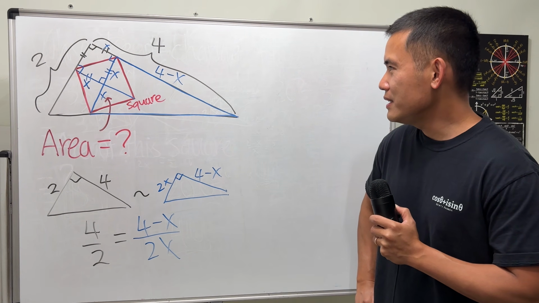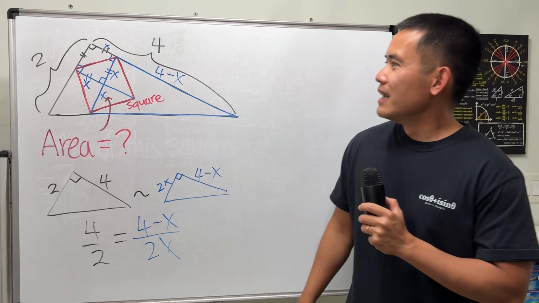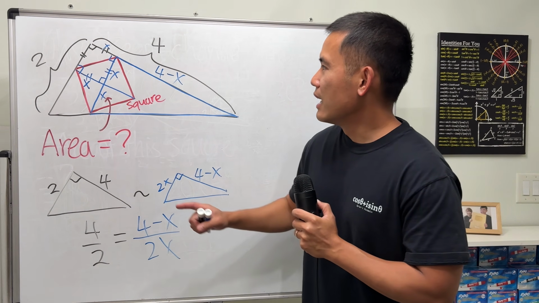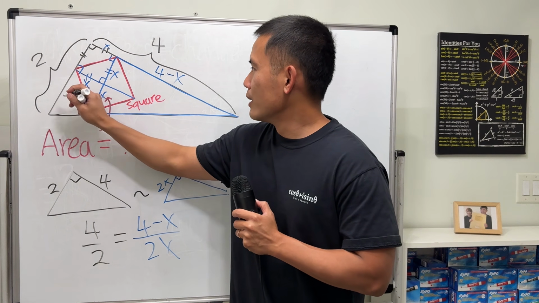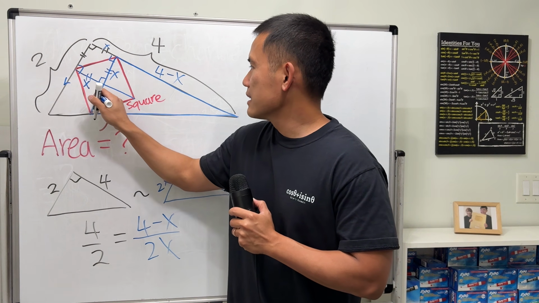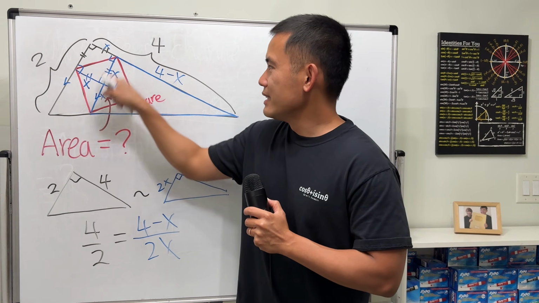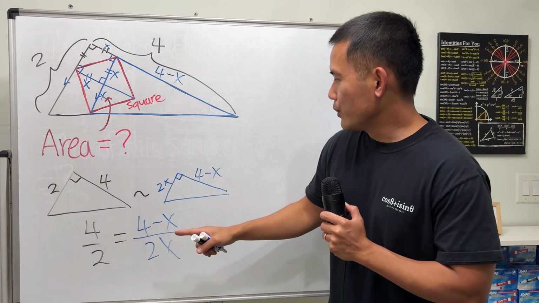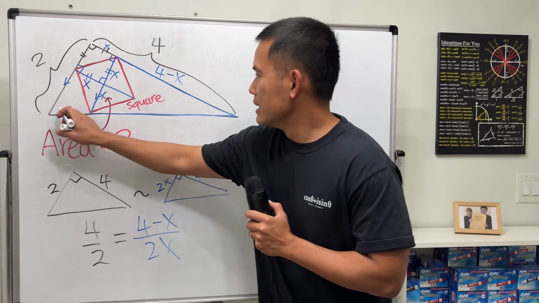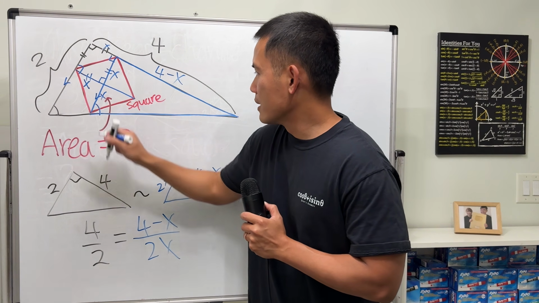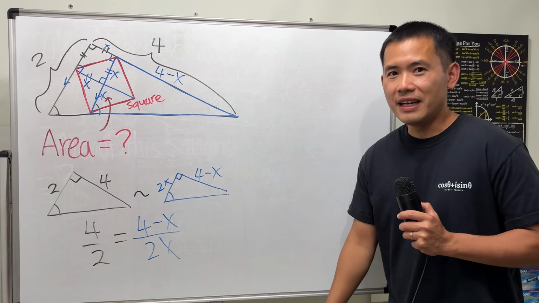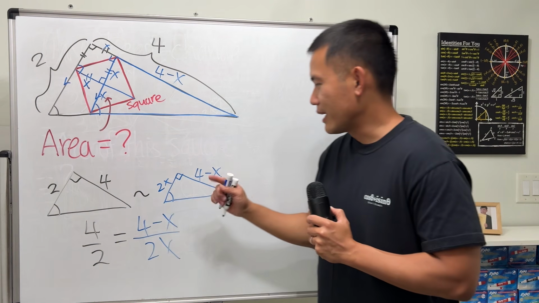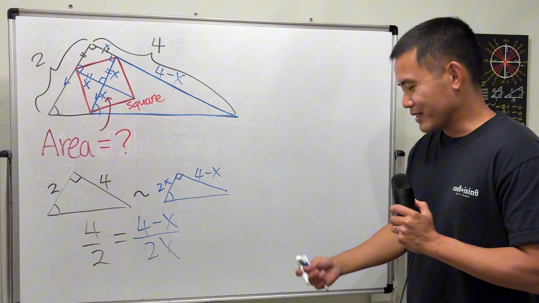Another thing I had to mention is that because this is 90, that's also 90, so this side and that side are parallel. So you can also argue that this angle and that angle are the same. So for sure, it's clear that they are similar, because of the angles. I think that's a pretty legitimate reason already.